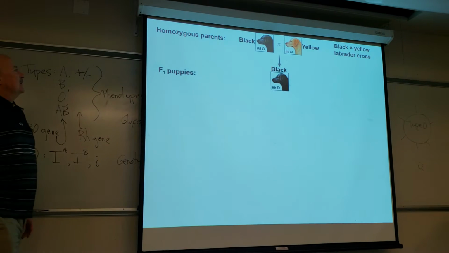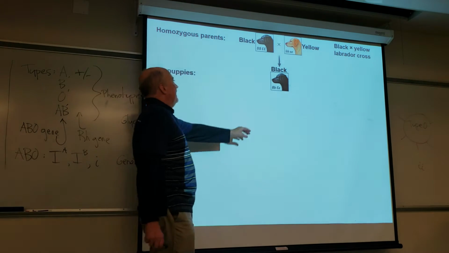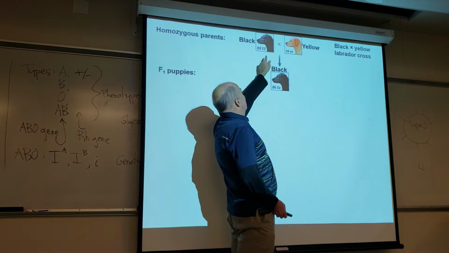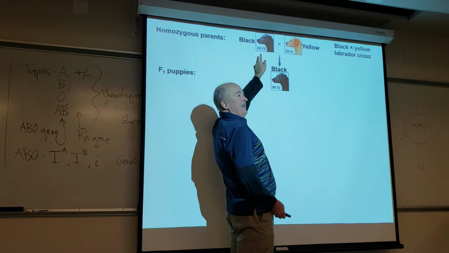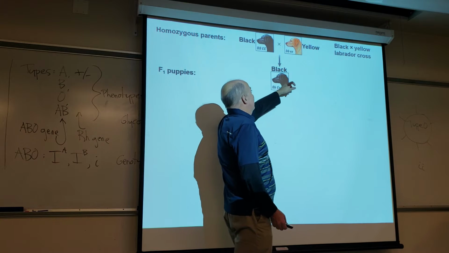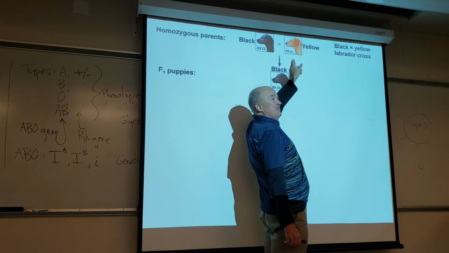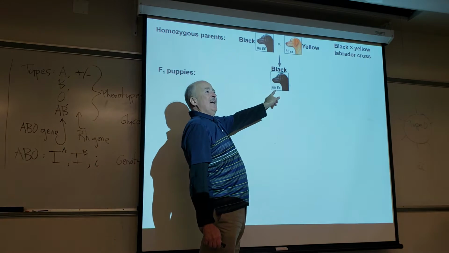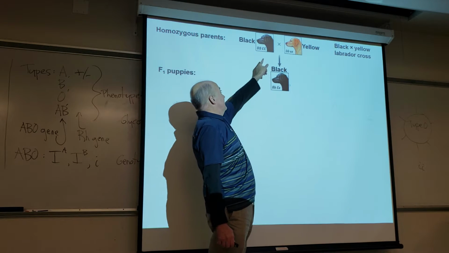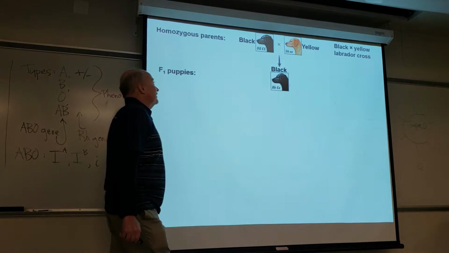So you could make this by doing a dihybrid cross, starting with a dog that is totally dominant black, big B, big E, and a dog that is totally recessive yellow. You mate those together, you produce a dihybrid dog. Looks exactly like the black lab father there.